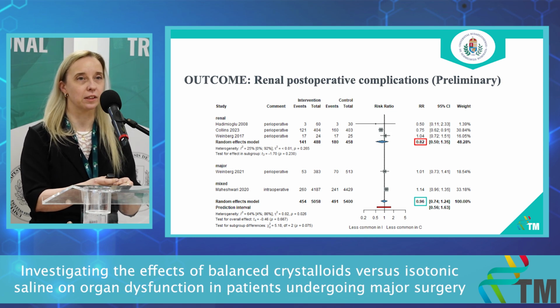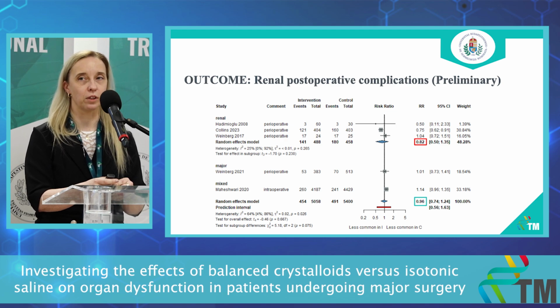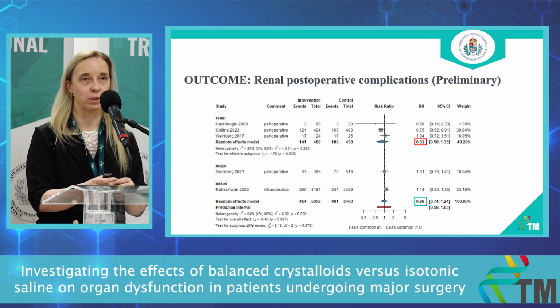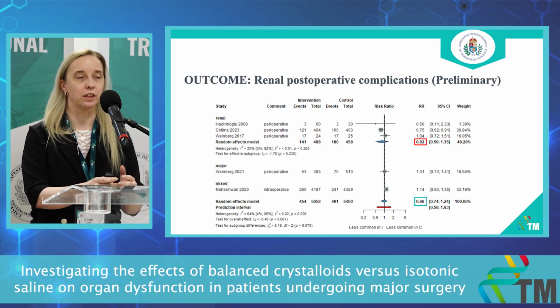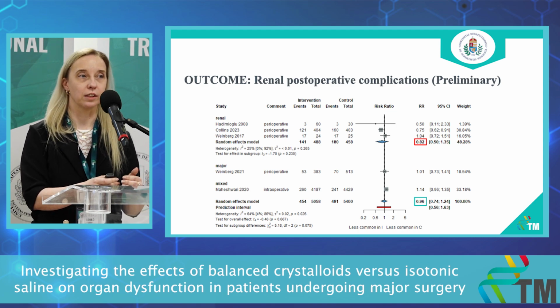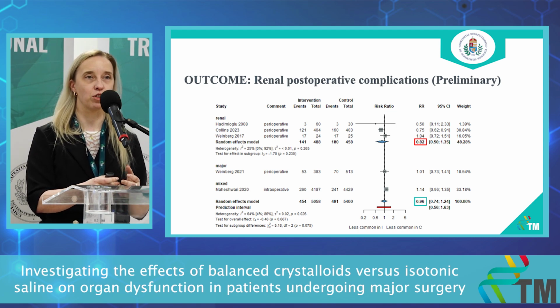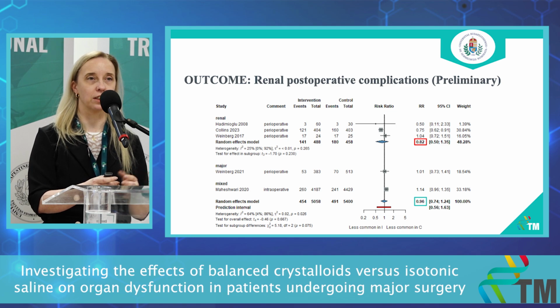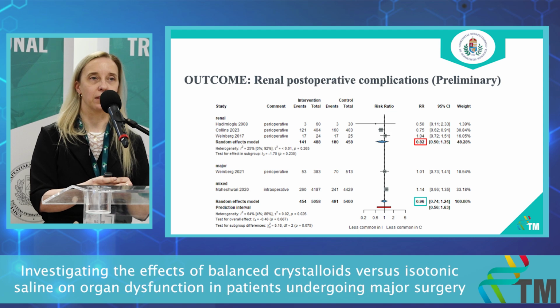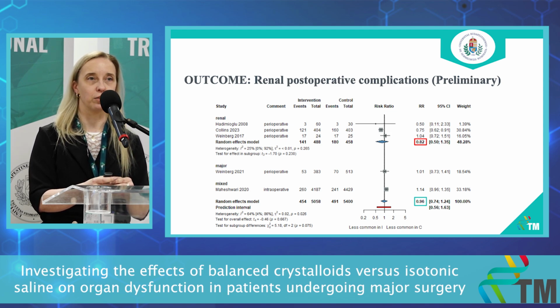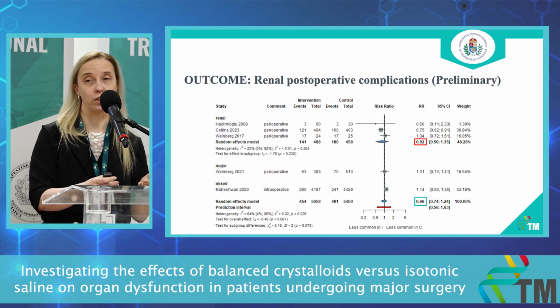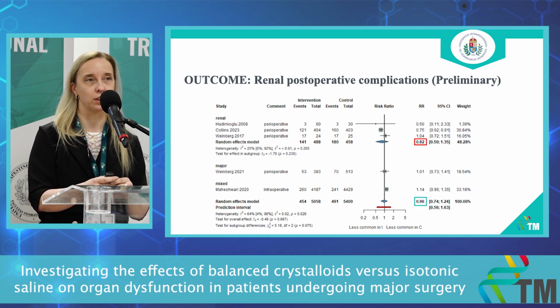That result means that in the overall population there is no such difference in the rate of renal complications. But in this subpopulation, the kidney transplantation patients, the result is clinically important but not significant: we can see a relative tendency that using balanced electrolytes leads to a lower rate of renal complications.